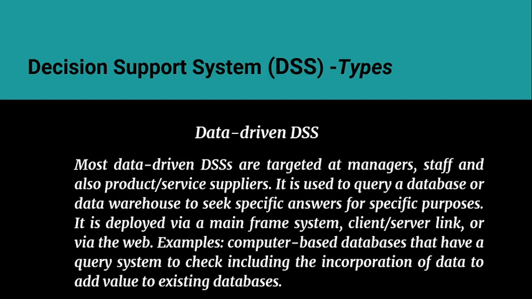It is deployed via mainframe system, client-server link, or via the web. Examples of this type of DSS are computer-based DSS that have a query system to check, including the incorporation of data to add value to the existing database. So, the target is the data here.